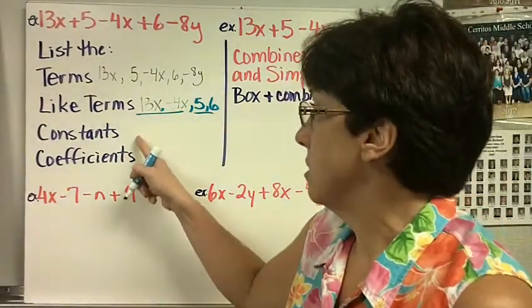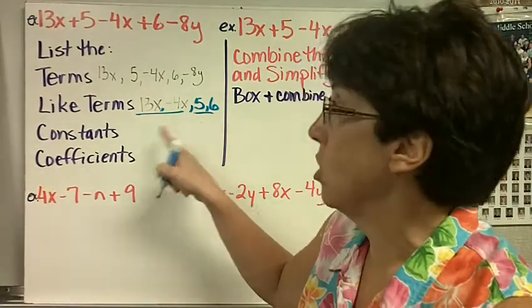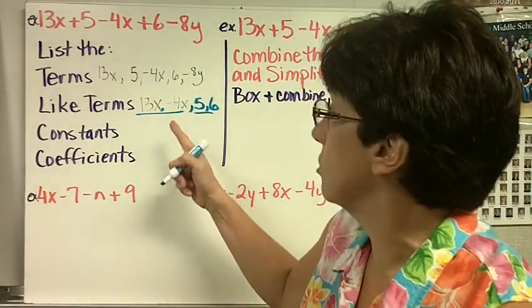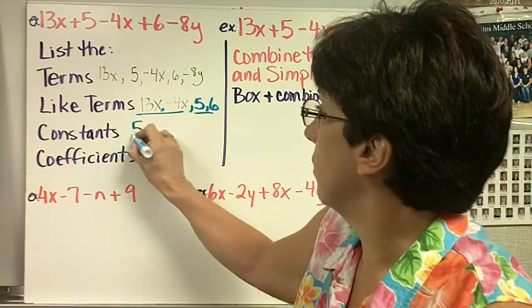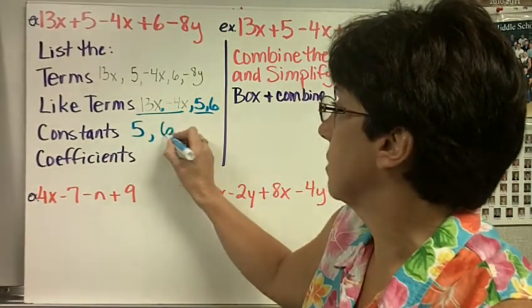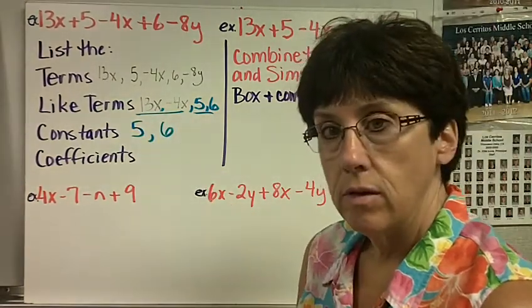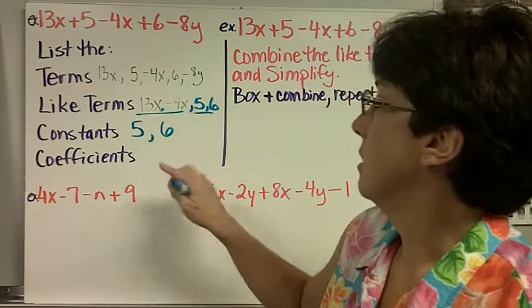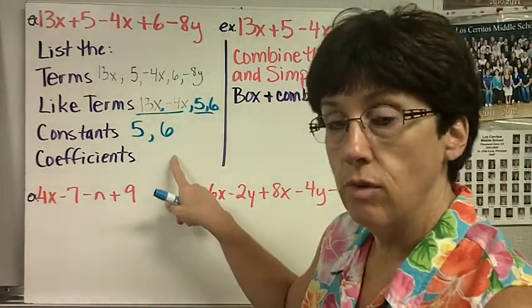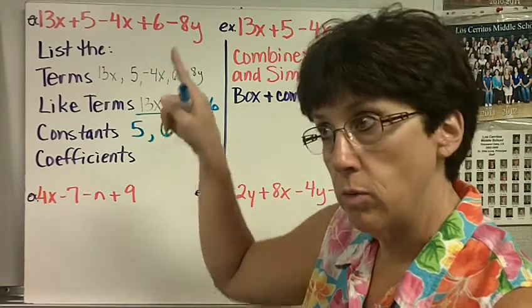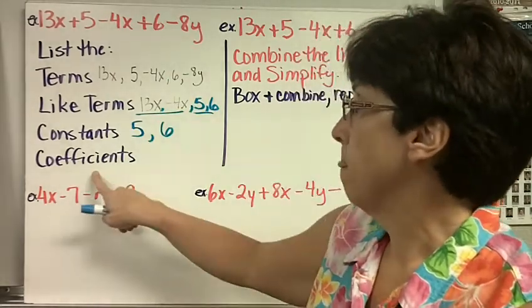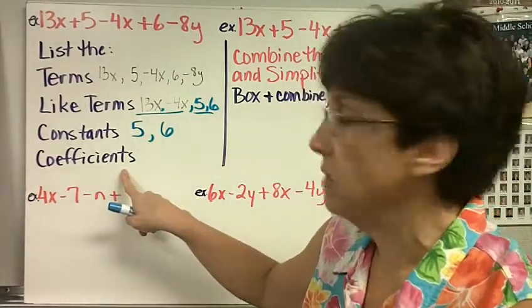Now our constants, they're also part of our like terms. Our constants are our numbers that don't have any variables with them. So that's the 5 and the 6. Are you all okay? If you have questions, I want you to go over this, and if you have questions, this is something you can ask me about tomorrow. The coefficients are the numbers that multiply the variable.